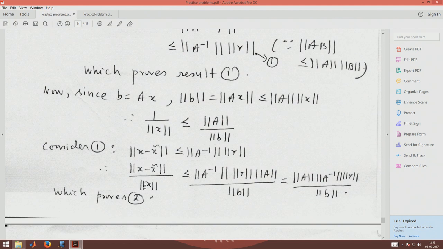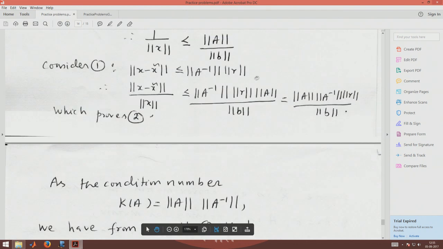We know Ax is B. So, I also know norm B is less than or equal to norm A into norm x, and so I can replace 1 by norm x by a quantity which is less than or equal to norm A by norm B. So, I replace this 1 by norm x by this, and this gives me norm A inverse into norm A into norm R by norm B, and that is what we have to show here.